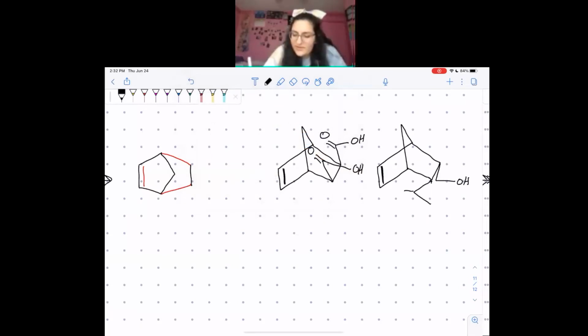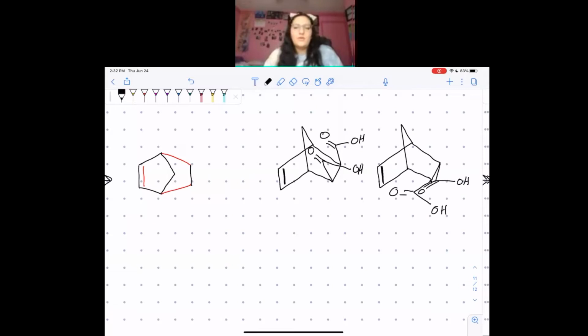Drawing this in 3D is so much. Okay, close enough. Theoretically it could be whatever, but I like this example better because it's more helpful for understanding.